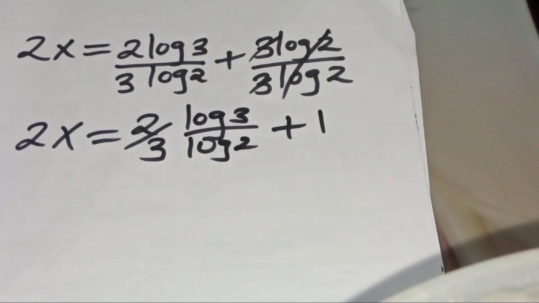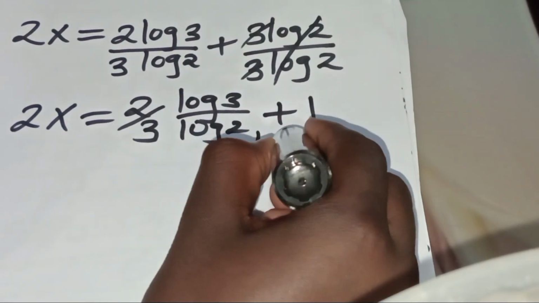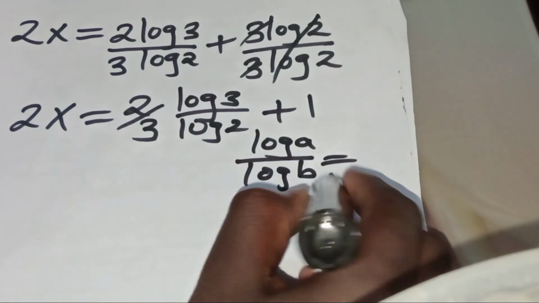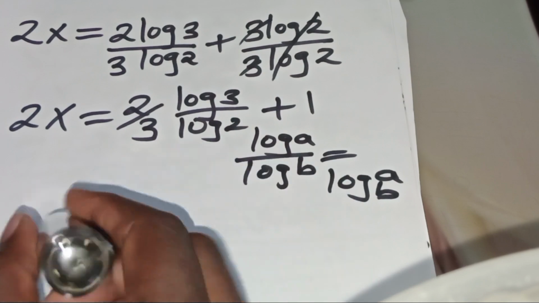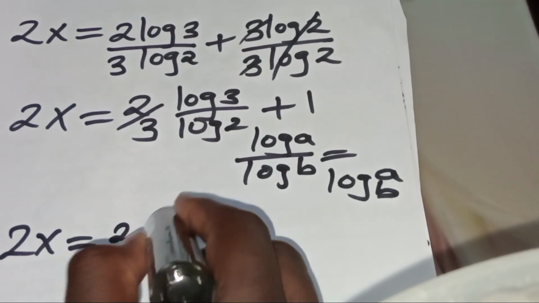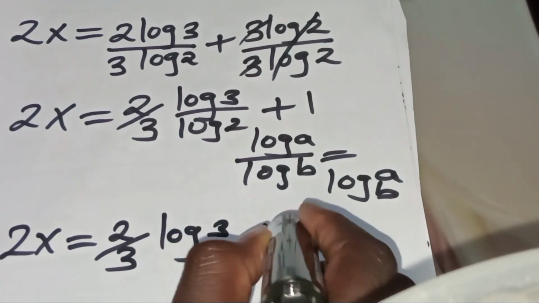As you can see, log 3 divided by log 2 is in the form of log a divided by log b, which we can express as log a to base b. Applying this property, we will have 2x equal to 2 over 3 log 3 to base 2 plus 1.